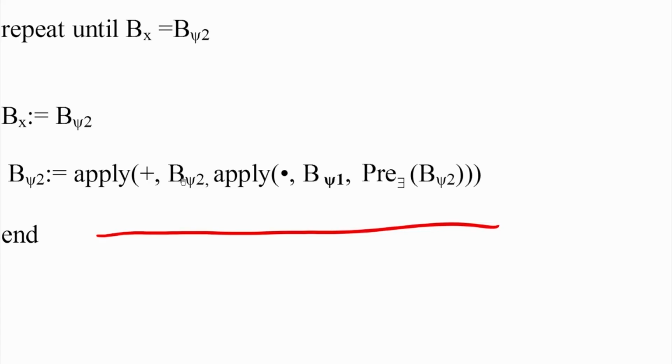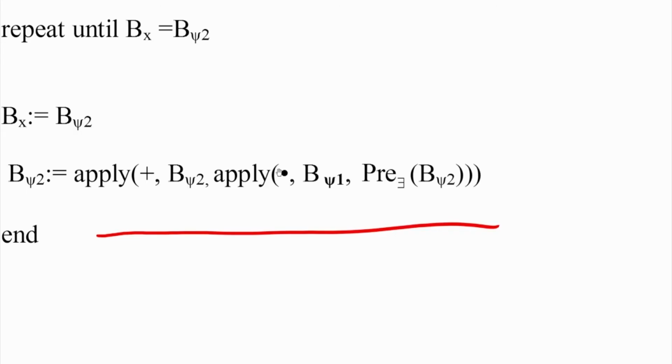So what we do, first you can see B of psi 2. If B of psi 2 holds, that means you need not worry at all. All the states where psi 2 holds, you can directly label. So we take all the set of states where psi 2 is true, and we do an OR operation with this.